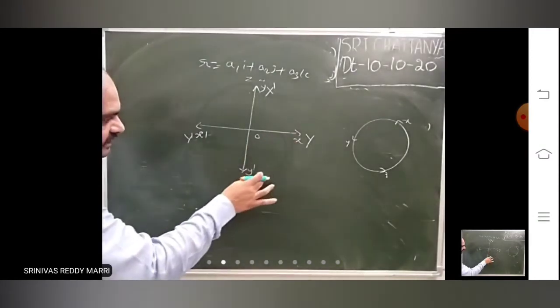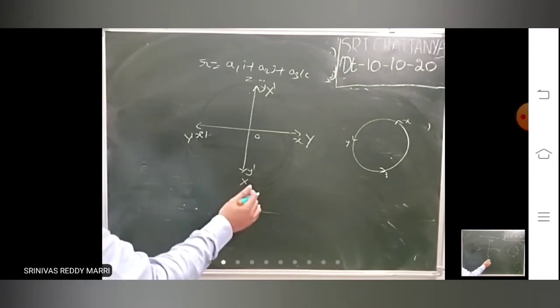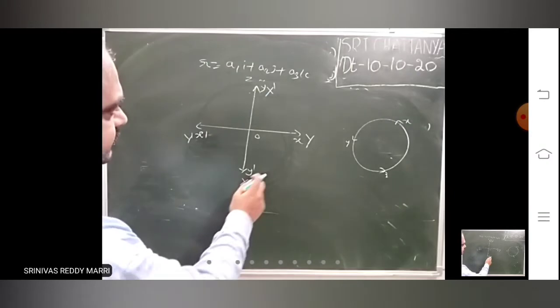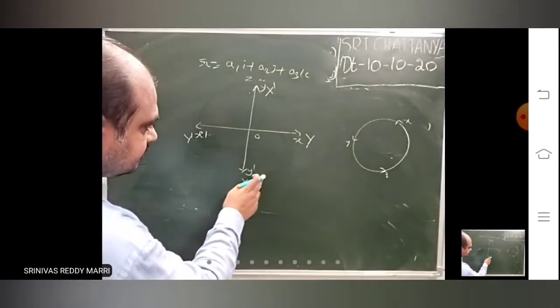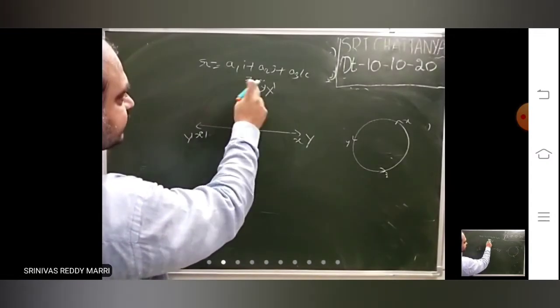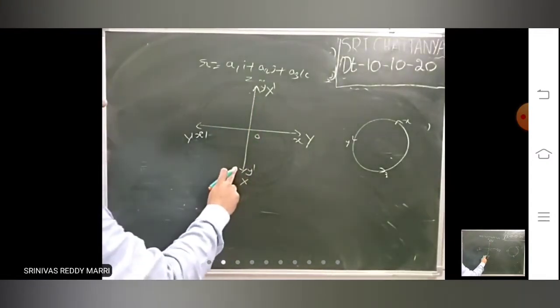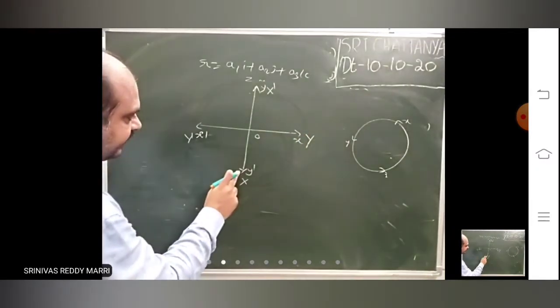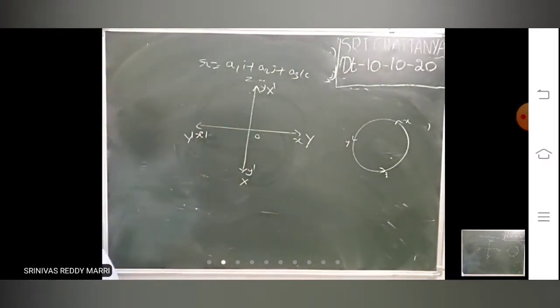So like this clockwise, right? So this is capital X, and this will be like this, O X dash. Now this is rotated, this Y will come here. Capital Y, this Y dash will come here. So these are the axes.